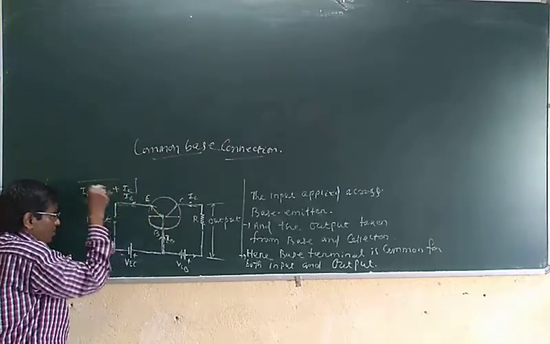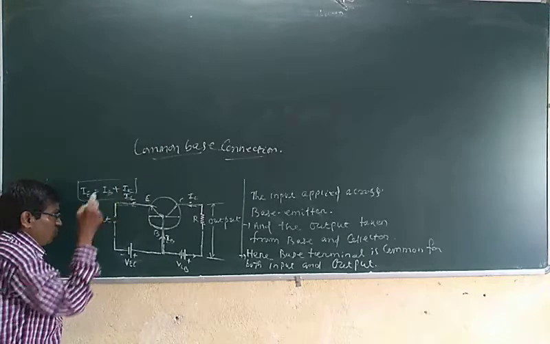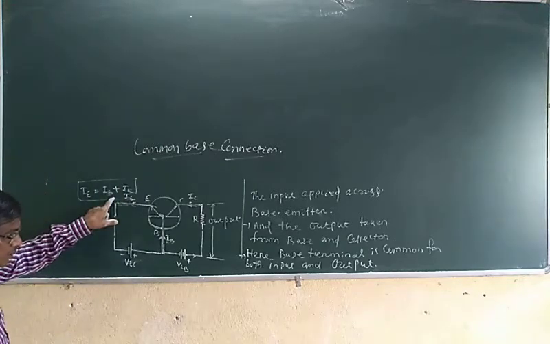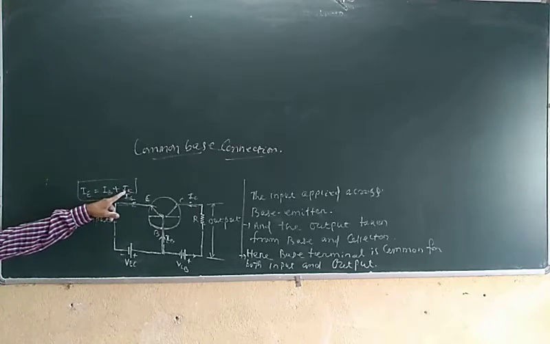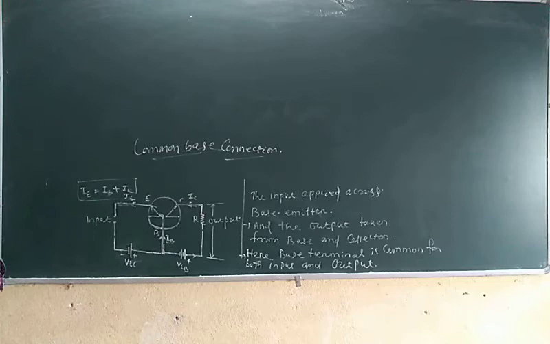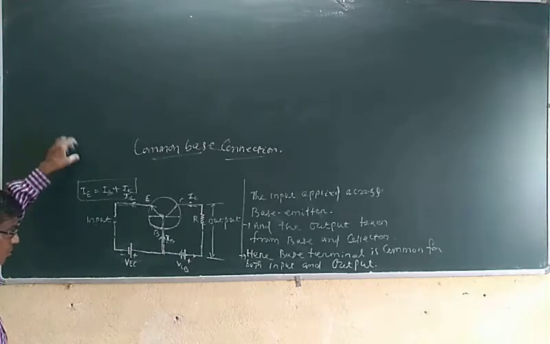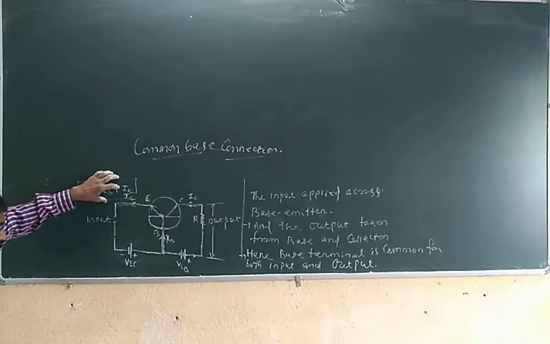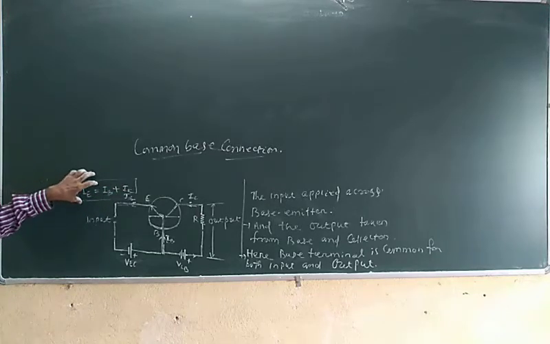Now we write IE equal to IB plus IC. Base current plus collector current combined is equal to the emitter current. Here the emitter current and collector current are nearly the same.